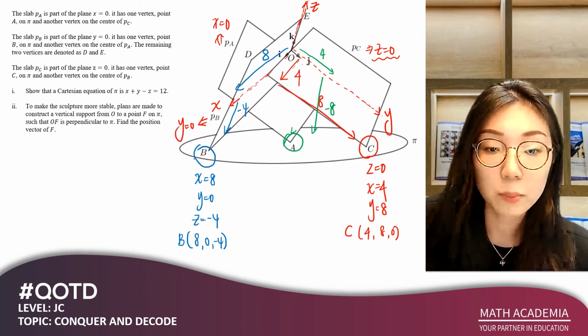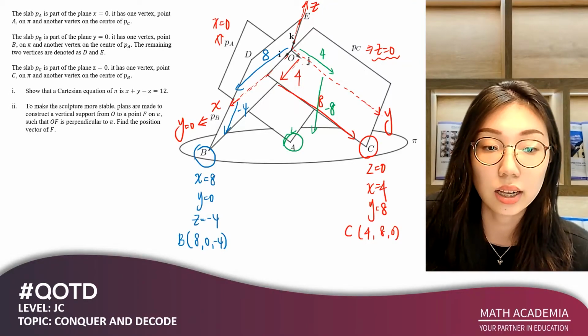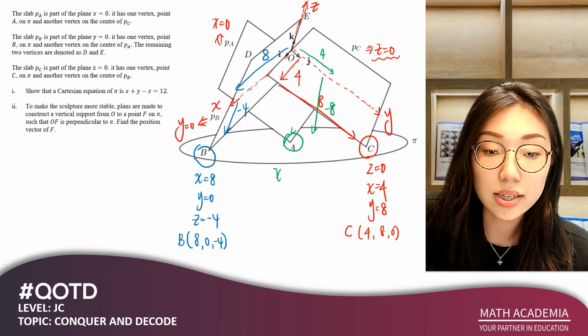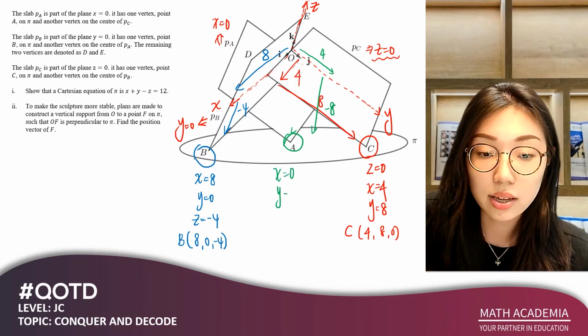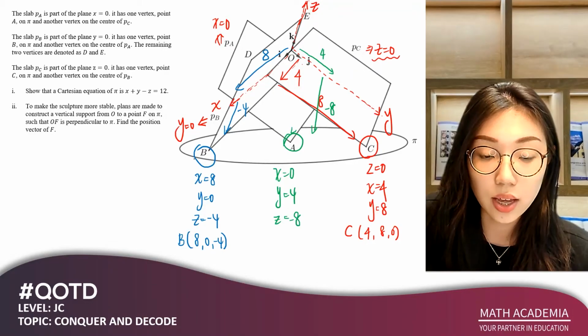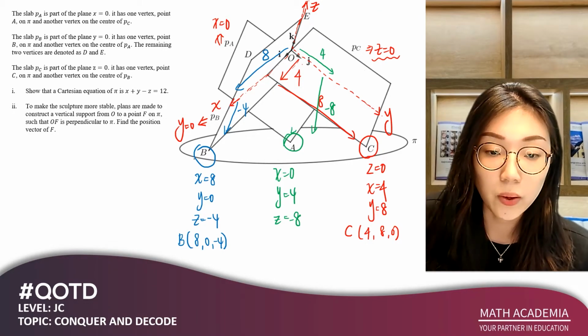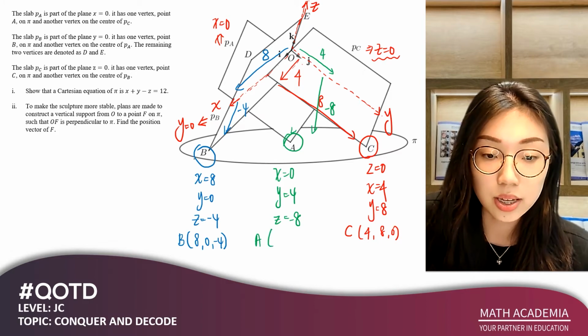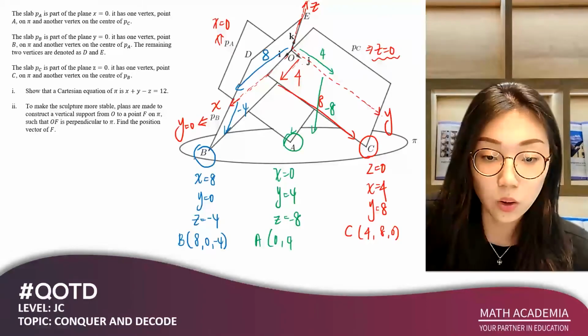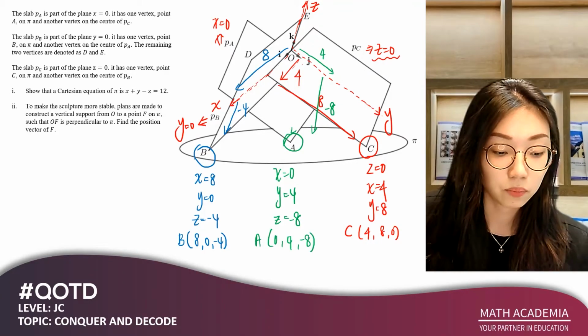So therefore for point A, as point A lies along the plane PA, x equals to 0, y equals to 4, and z equals to negative 8. Therefore, for point A, the coordinates would be 0, 4, negative 8.